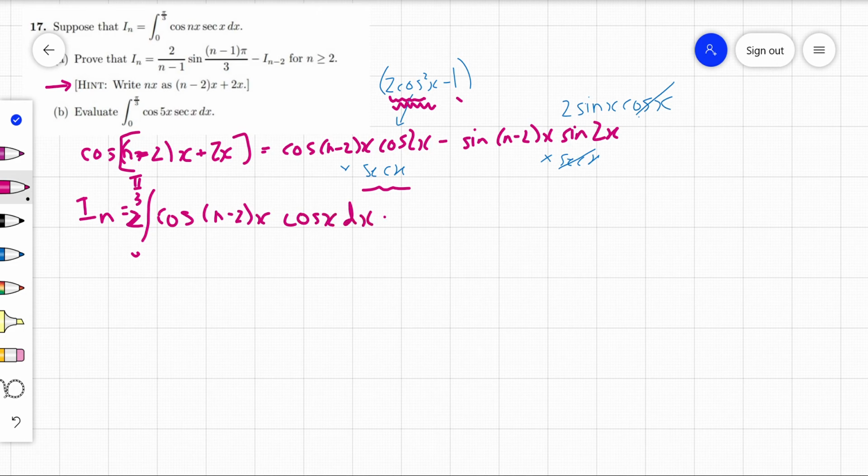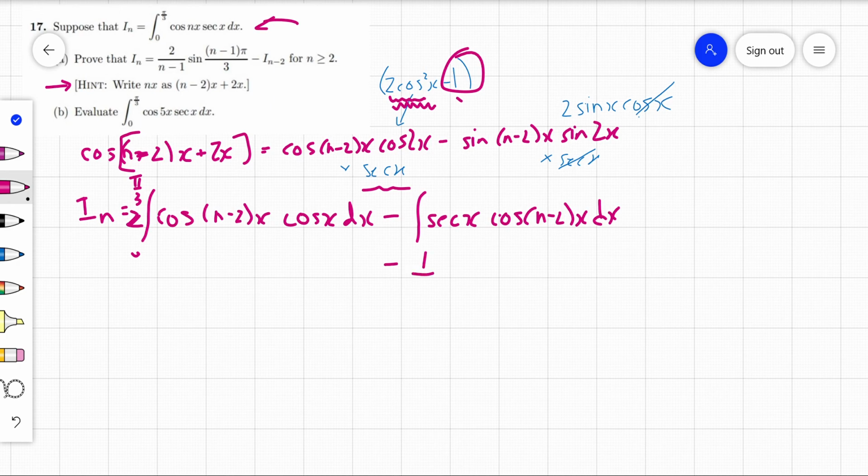Alright, so in the second one, I'm doing the integral of, and the sec x is going to be there, because this is where I'm timesing by -1. So I'm going to get a cos n minus 2x dx, and that is our I n minus 2.